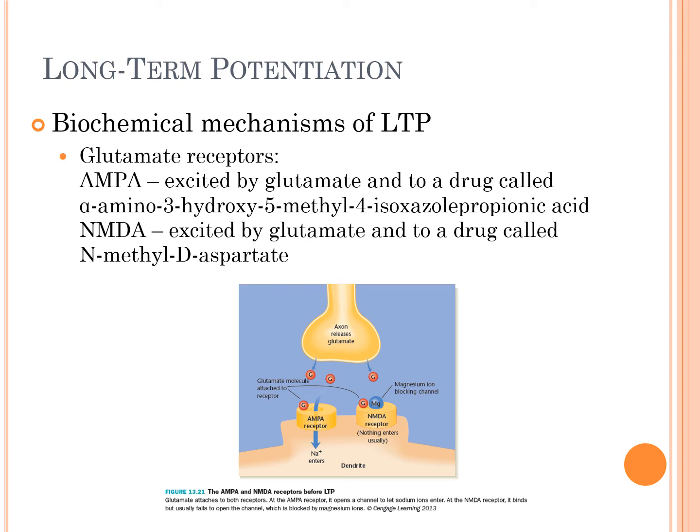And what's happening, so if we look at the picture that Calit gives us of the presynaptic neuron and the postsynaptic neuron, the axon of the presynaptic neuron is releasing glutamate, that widely distributed excitatory neurotransmitter. It is fitting into the AMPA receptors, okay, and that's allowing sodium to enter. So it is an excitatory neurotransmitter.